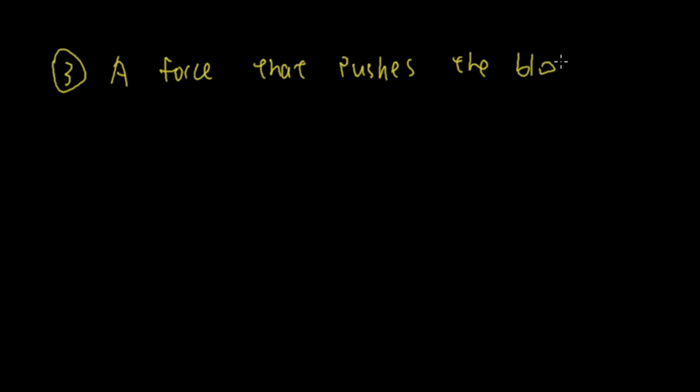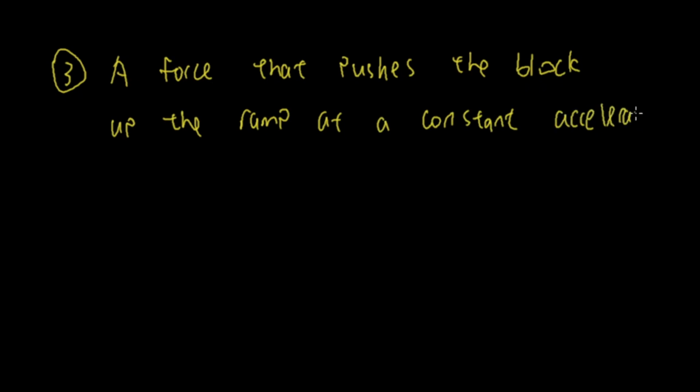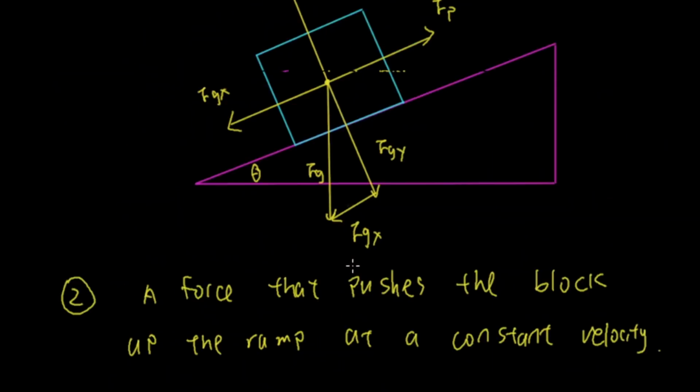Okay, let's look at scenario 3 then. A force that pushed the block up the ramp at a constant acceleration. We can use this diagram again, right?